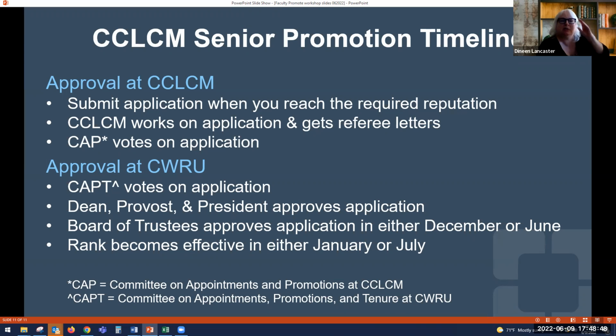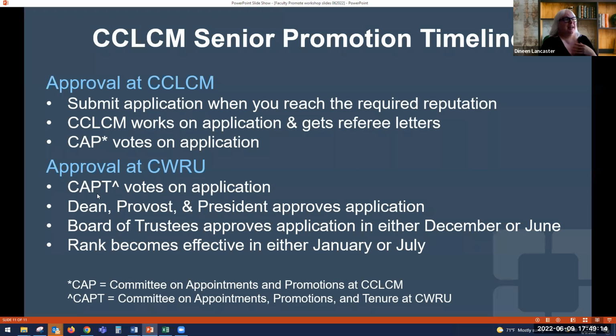Then we're going to start soliciting your referees for letters. And once we get everything in, we're going to send it to our CAP committee for a vote. Down below here, you can see, is our Committee on Appointments and Promotions. And this is at CCLCM. We don't have tenure at CCLCM, so we drop the T. It's a little easier to say.